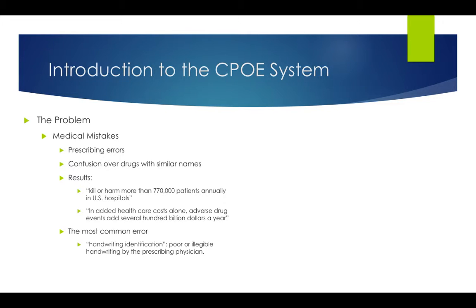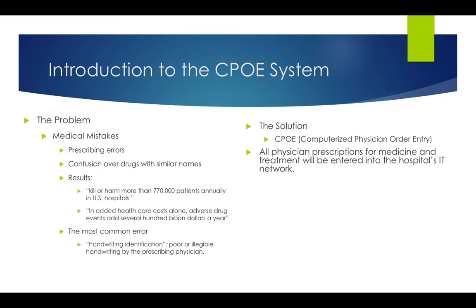The most common error we find that contributes to this problem is handwriting identification, or poor or illegible handwriting by the prescribing physician. We understand that our doctors are extremely busy and sometimes mistakes are made and we can't always work through that. However, there is a solution, and that is the CPOE.